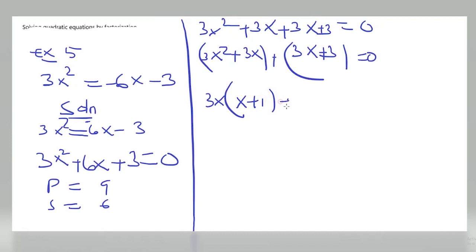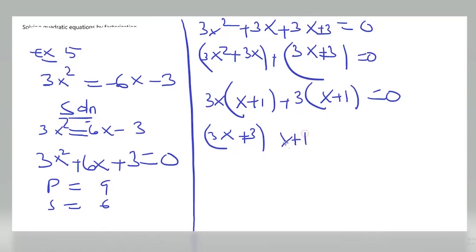And here take 3 outside the bracket, then 3 remains with x plus 1, which is equal to 0. Now 3x plus 3 and x plus 1 is equal to 0.